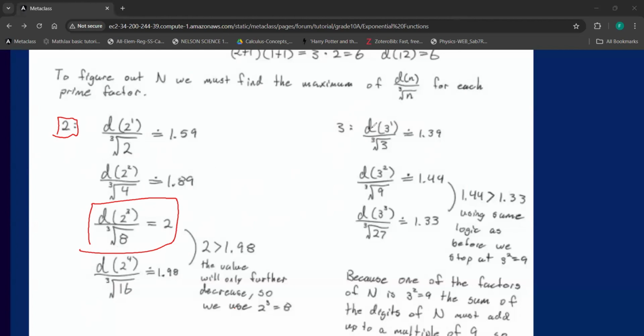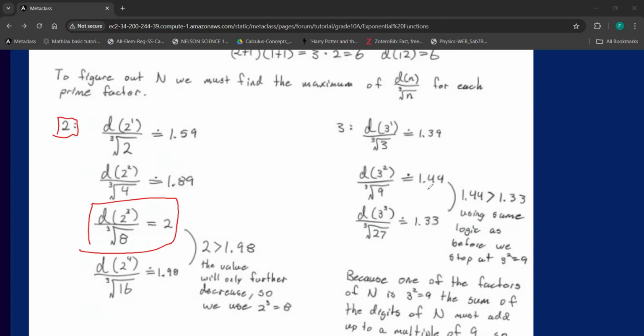So d of 3 to the power of 1 divided by the cube root of 3 is approximately 1.39. D of 3 squared divided by the cube root of 9 is approximately 1.44. And d of 3 cubed divided by the cube root of 27 is approximately 1.33.